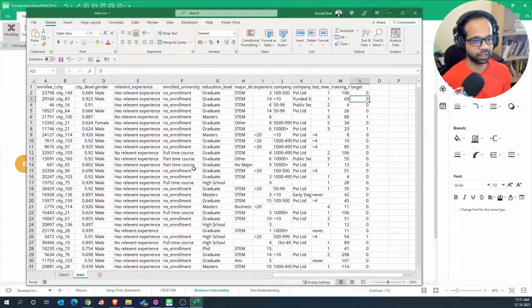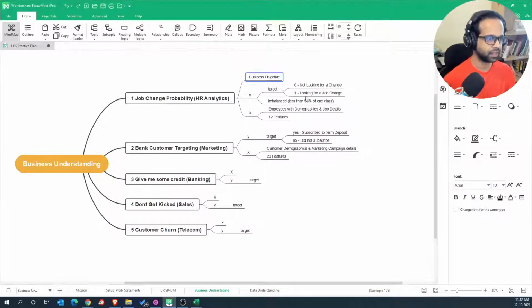They want to retain employees because it takes time to rehire, ramp them up, and get them embedded into systems. So the objective of the HR people is to understand who is going to leave in a more predictive fashion, so that they can proactively take action. That's what we can get from this.